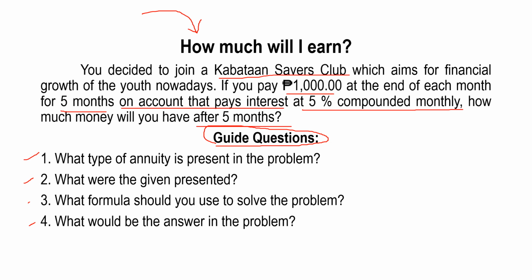And for the fourth question, what would be the answer in the problem? So those are guide questions that we can use for us to visualize more what this problem is representing. So for us to visualize that, let's answer the following questions.